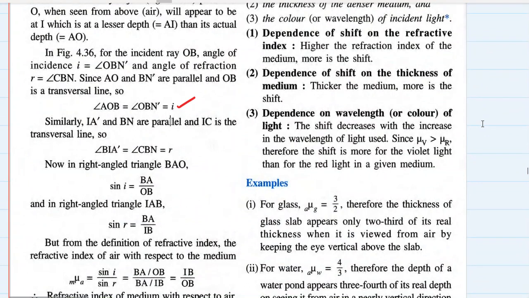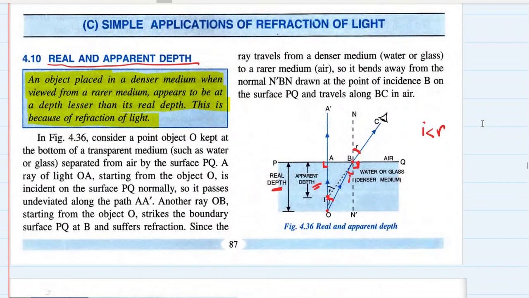Now look at the right angle triangle BAO. Can you see right angle triangle BAO? If you cannot see, I will highlight it for you. Let me erase everything here. Now focus on right angle triangle BAO.